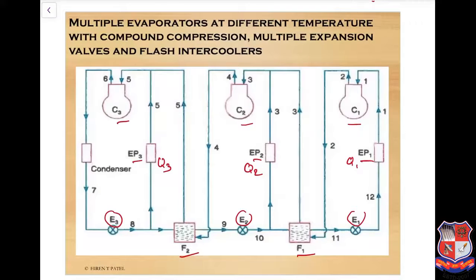So after 8, the mass of refrigerant circulated through evaporator 3 is in liquid form, and the flash is transferred to the compressor. The same applies to the mass transferred from expansion valve 2, which is in saturated liquid state.